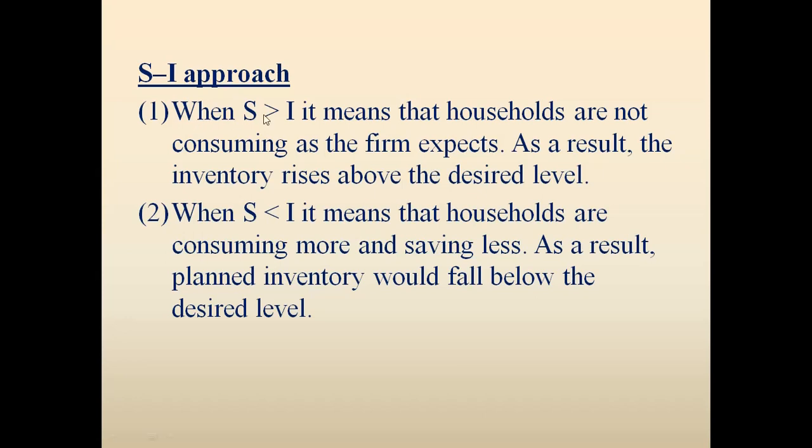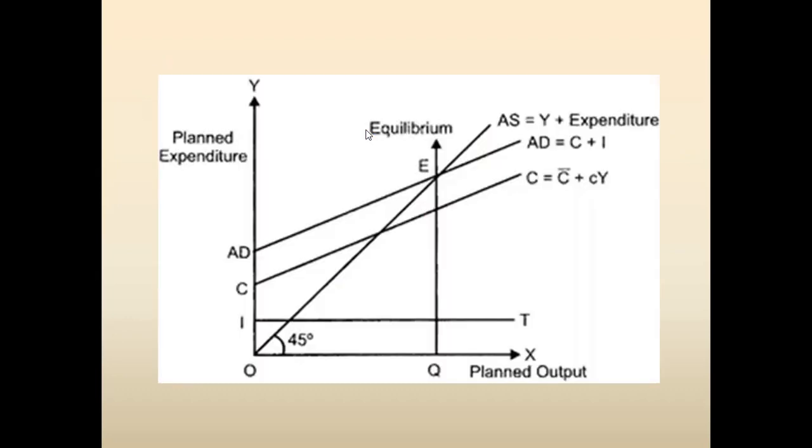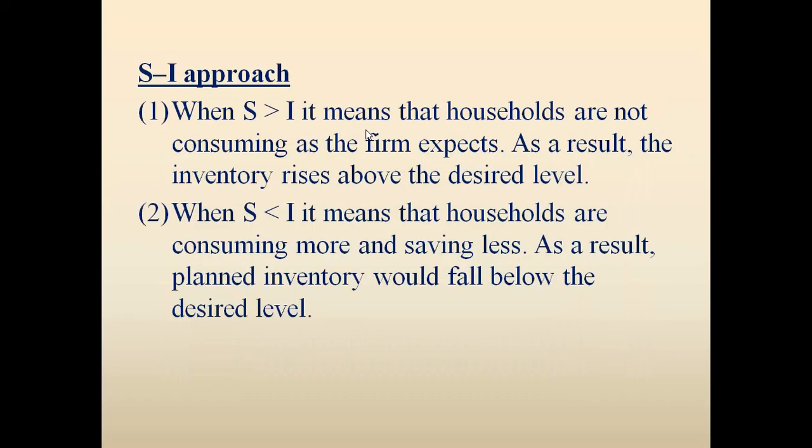Now when savings is more than investment, it means that the households are not consuming as the firm expects. So as a result, again, what happens? The desired level of inventory would rise, which means that AD is smaller than AS, in simple language.